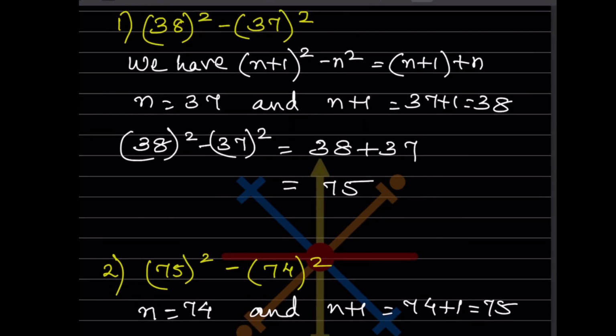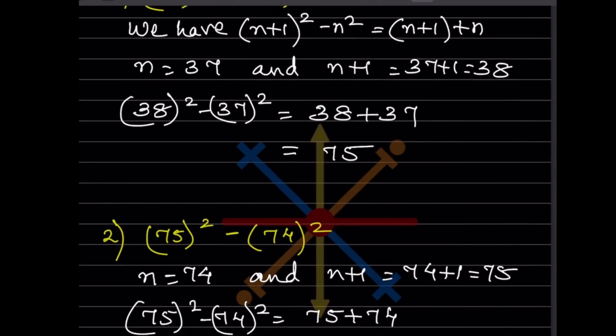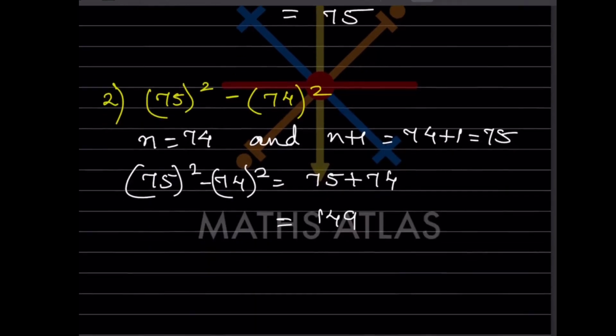What is the formula here? We are going to use here n plus 1 plus n. So we'll write here 75 square minus 74 square is equal to n plus 1 means 75 plus 74, which is, when you add these both numbers, 149.